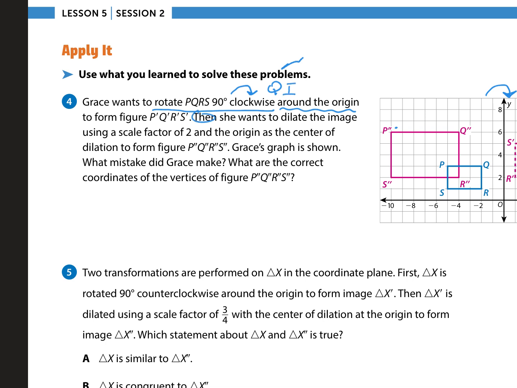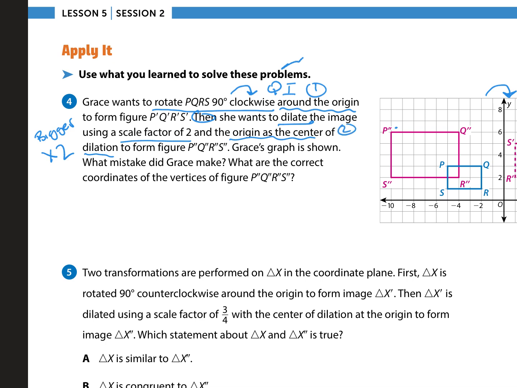Then she wants to dilate, scale factor of 2, origin as the center. So scale factor of 2 means the shape is going to get bigger, and the math we're doing is multiplying by 2. So first, the rotation, second, the dilation.